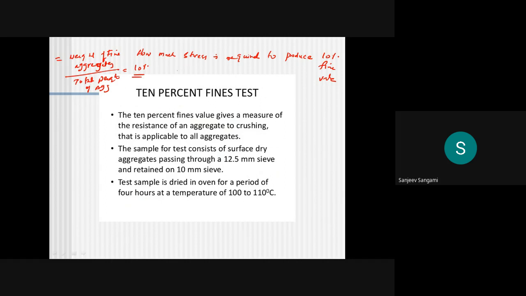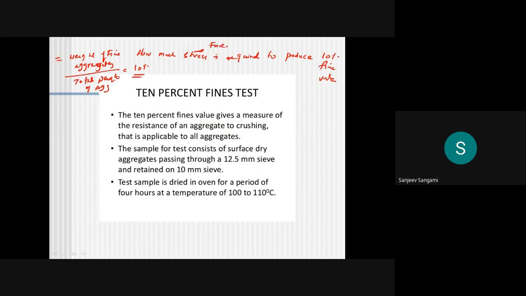Here, what we are determining is how much resistance the aggregate has to crushing when subjected to loading, and it is applicable for both weak and strong aggregates. This test always looks for the forces required to produce stresses.